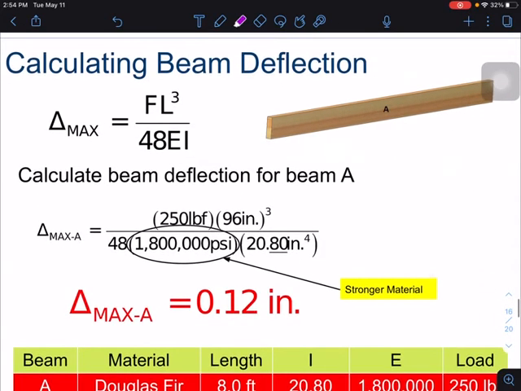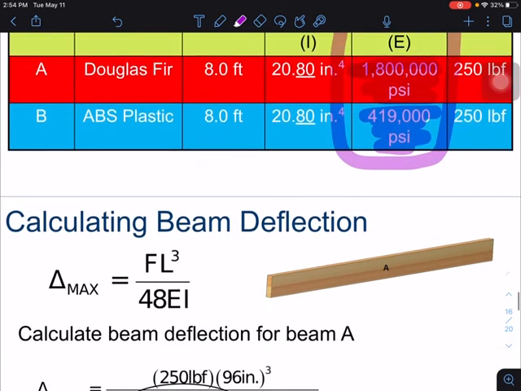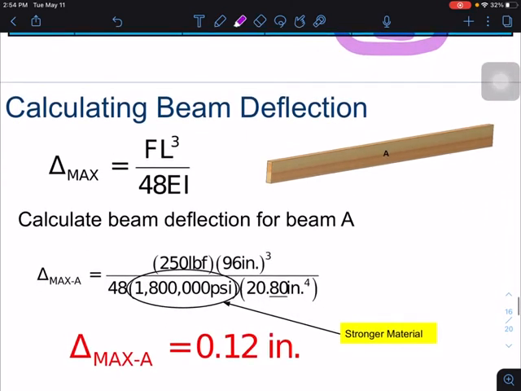When we calculate this, we put the numbers into this equation: force times the length cubed, and again the length needs to be in inches. Taking the numbers off of this chart, the length is 96 inches.